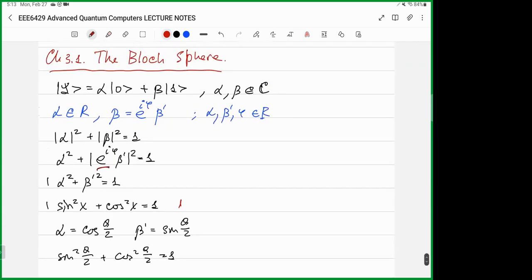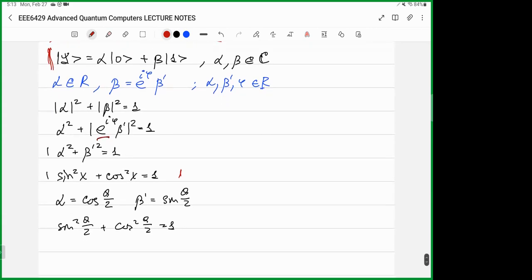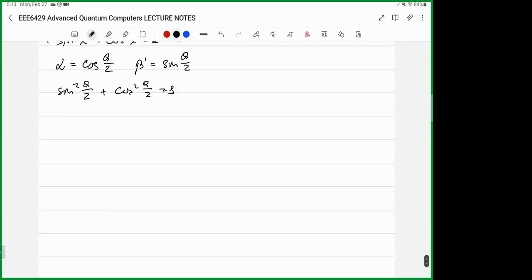Now, introducing these new variables, we can rewrite the psi vector of the qubit in the following way. The psi vector is equal to alpha, which is cosine theta over 2, state 0, plus e to the power of i phi times sine theta over 2, state 1.